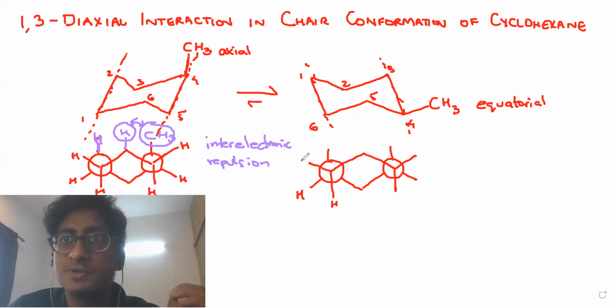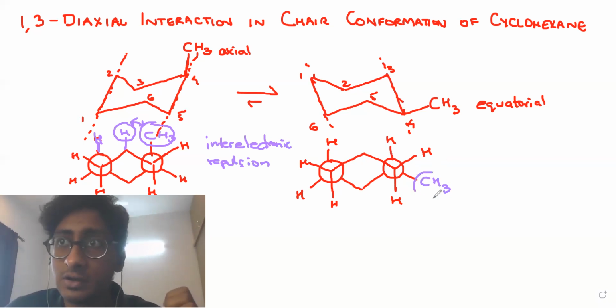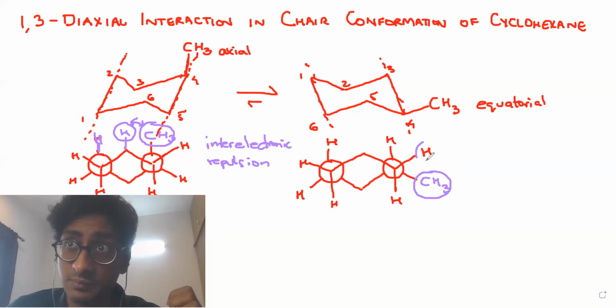So the remaining bonds are all hydrogens. Let's keep it as such. And we have our methyl group in the equatorial bond in this case. So what do we have here? We have a gauche interaction with the hydrogens.